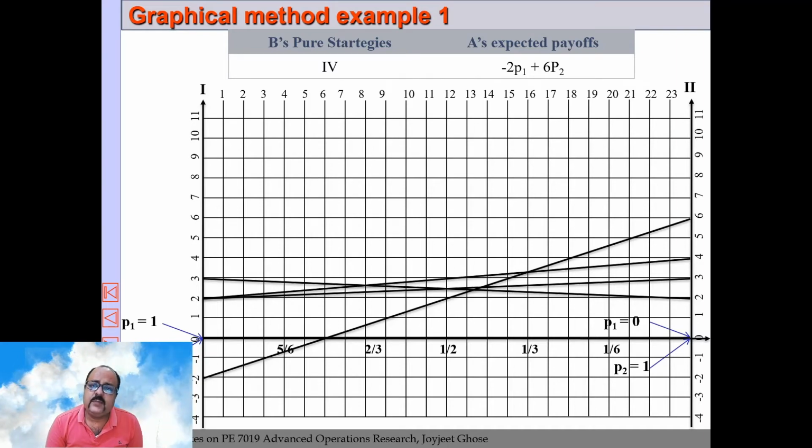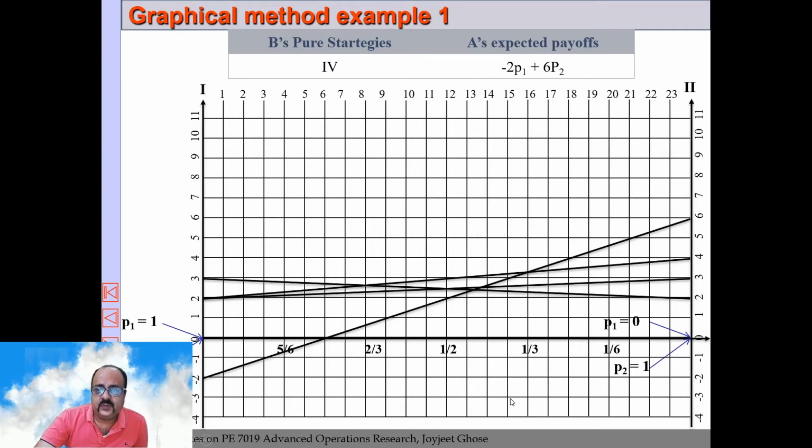A, being an intelligent player, knows that B is also an intelligent player, and A has to select the maximum of the minimum gains. So A is a maximin player. The minimum payoff is represented by the lower bound of the graph. So this is the minimum payoff and this is the maximum payoff.